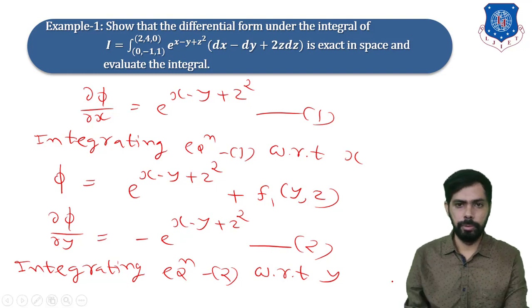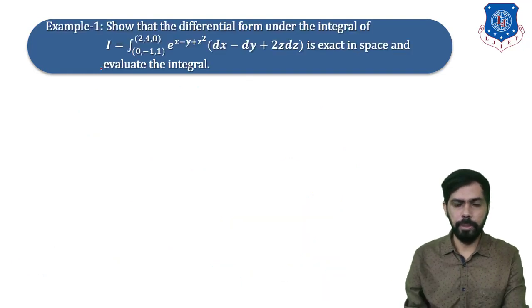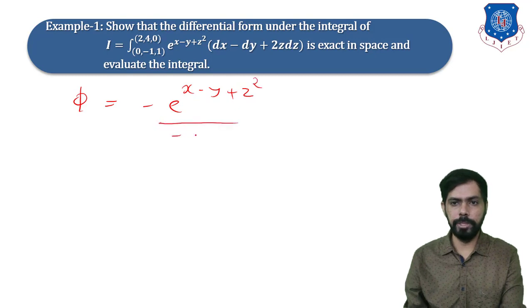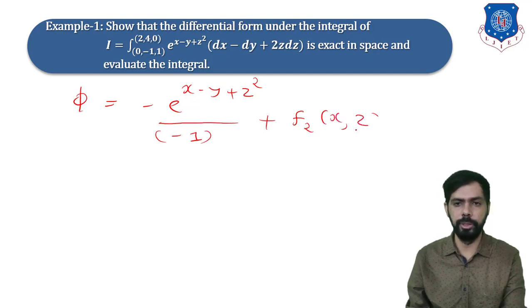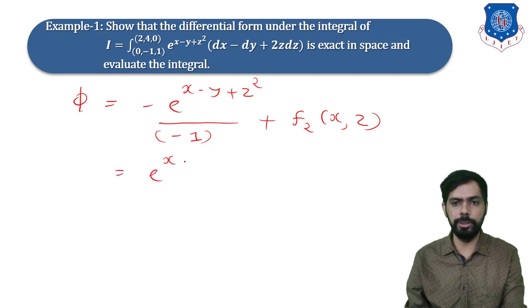Okay, so here phi will be minus e raised to x minus y plus z square divided by minus 1 plus a constant, that is some function of x and z, because x and z are constants. So here minus minus cancel out, so this will be e raised to x minus y plus z square plus some function of x and z.